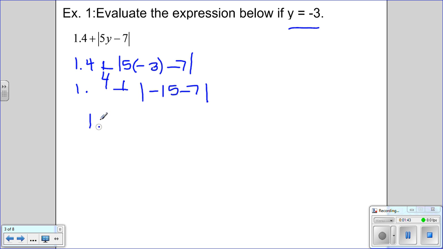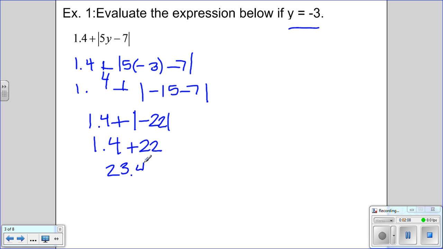So again, 1.4 plus negative 15 minus 7 is negative 22, so we've got the absolute value of negative 22. We know that that's positive 22, so now I'm going to take 1.4 plus 22, and my answer is 23.4.